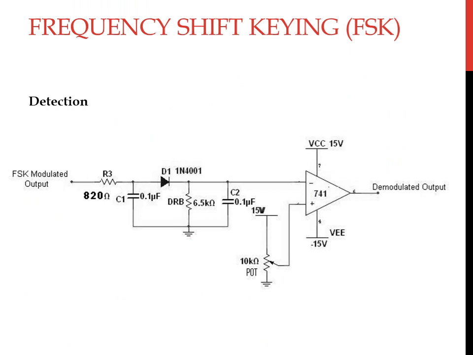So, next, let us analyze the detection circuit. In the detection circuit, we make use of the envelope detector and the comparator. The envelope detector and the comparator have already been explained in the ASK, so kindly refer to the ASK tutorial for a more detailed explanation.